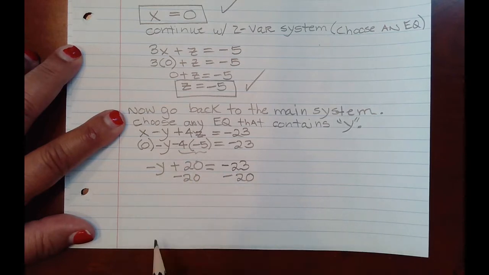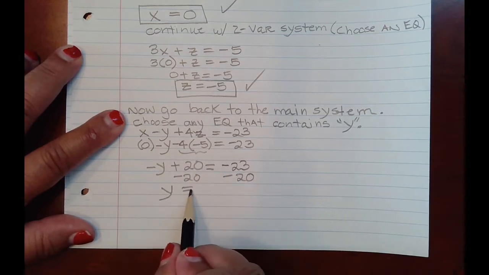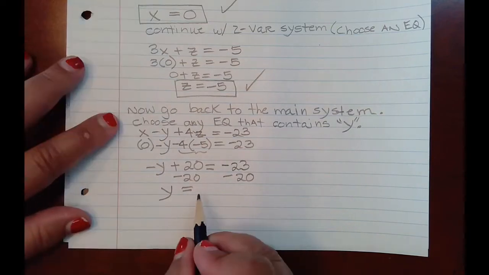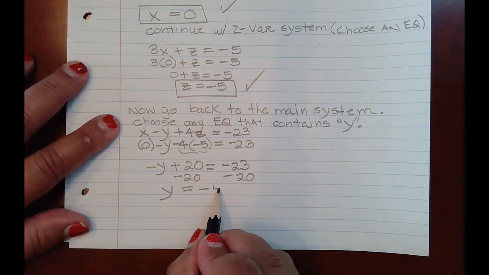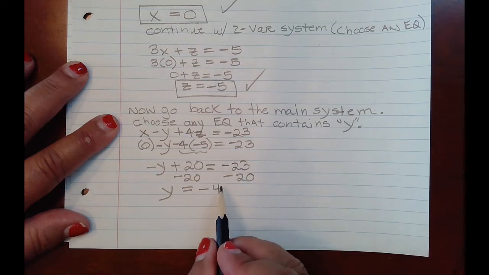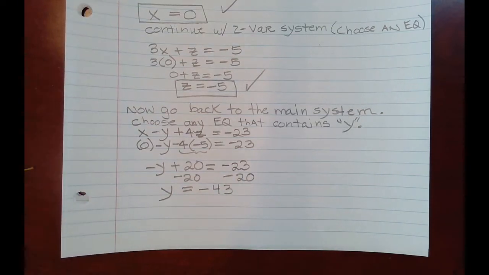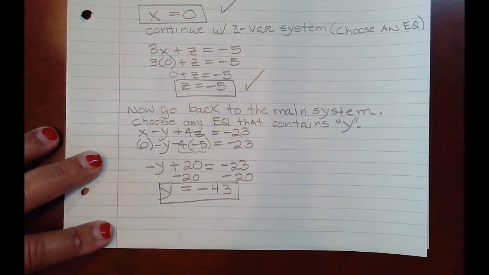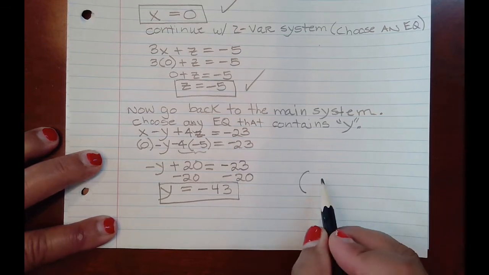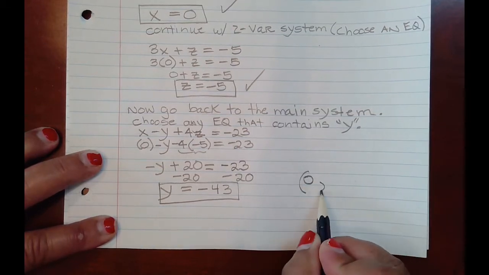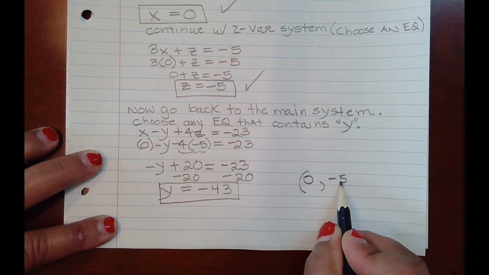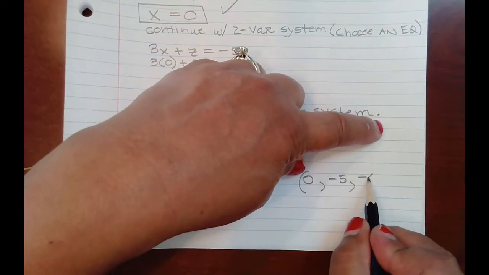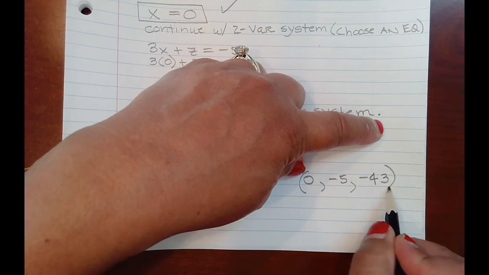Just moving this over here. This is negative 43. Okay, so we have our triple ordered pair. We had x is 0, z is negative 5, and y turned out to be negative 43.